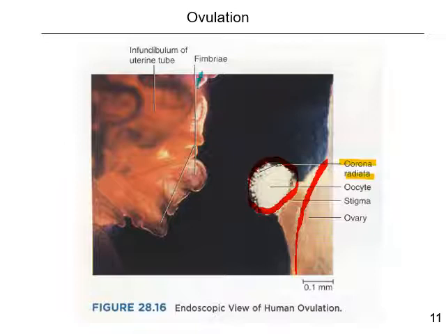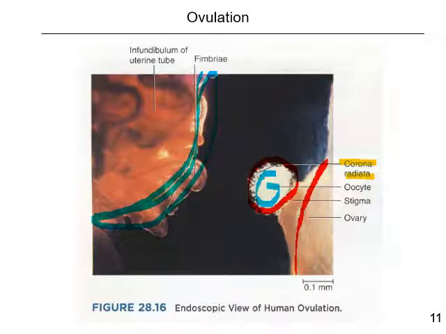Here are the fimbria of the fallopian tube that are getting ready to attach themselves to the oocyte, and then cilia of the uterine tube will propel the oocyte from its binding site on the fimbria into the fallopian tube, and then cilia will propel that oocyte through the fallopian tube to the uterus.